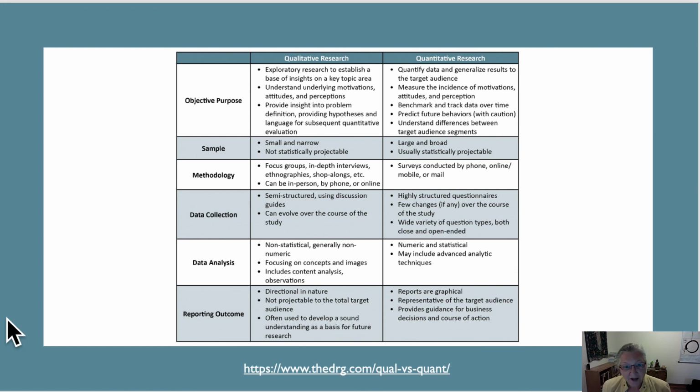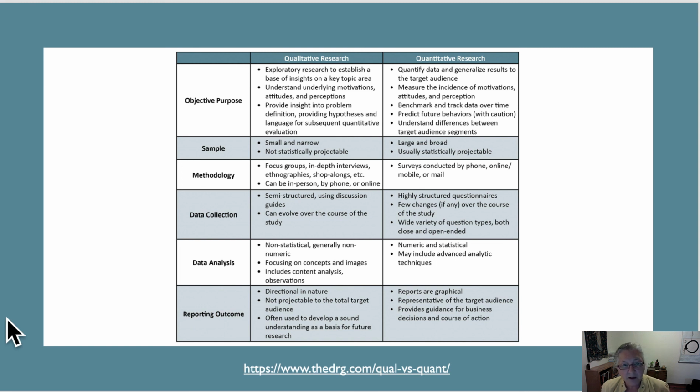That said, I think it's important to distinguish for you the difference between qualitative research and quantitative research. And this is a table that I found that I think does a good job of making the distinctions clear for you. It starts with the objective purpose.